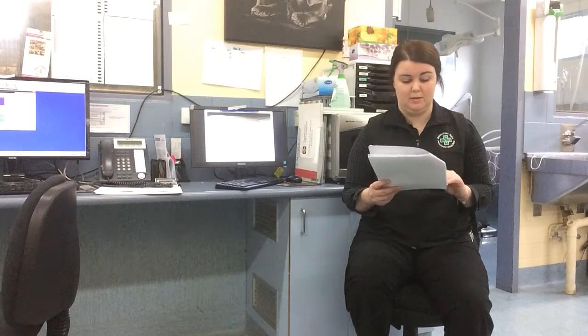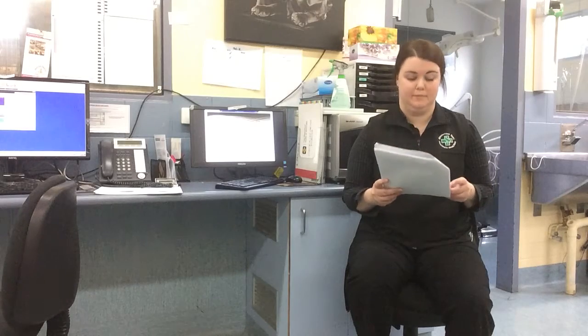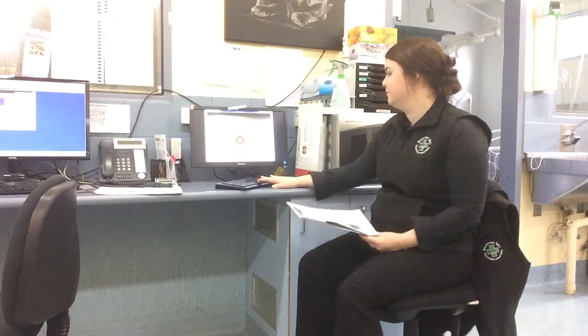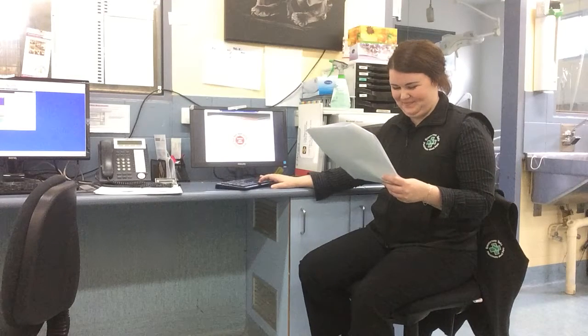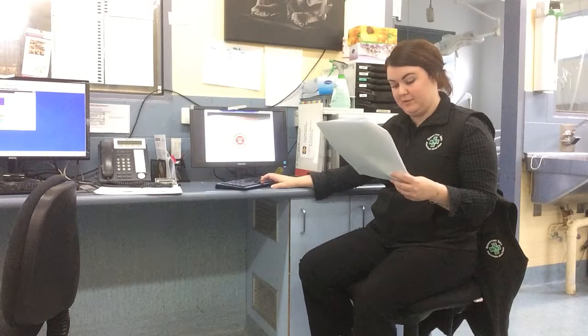And you've got fluid build-up in the abdomen and lungs. Sometimes they get weight loss, reduced appetite. I think one we missed was difficulty breathing. It's quite obvious. And then reduced ability to exercise, which would be from your breathing difficulties.